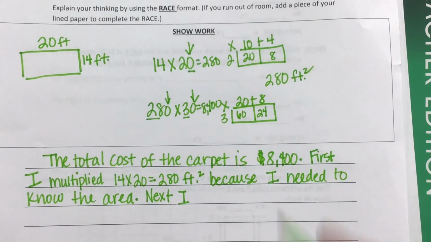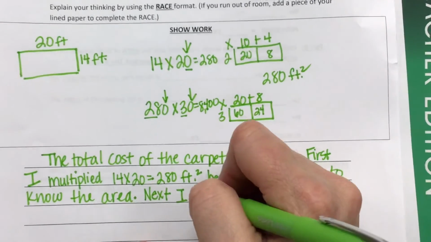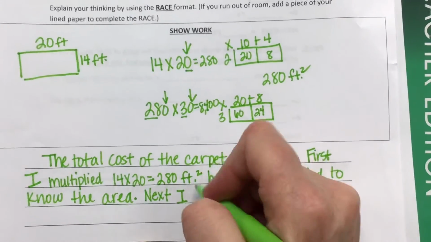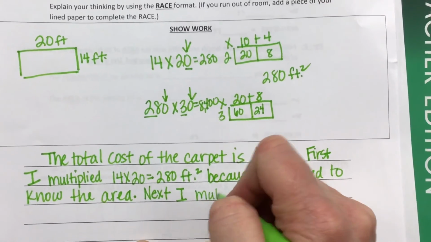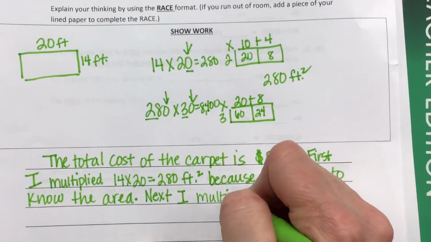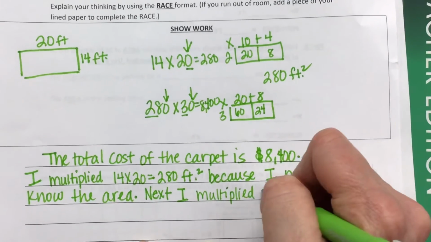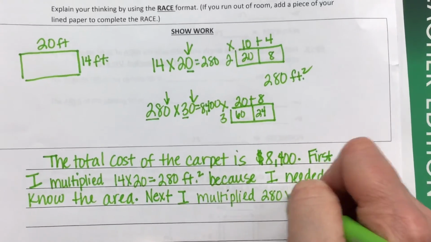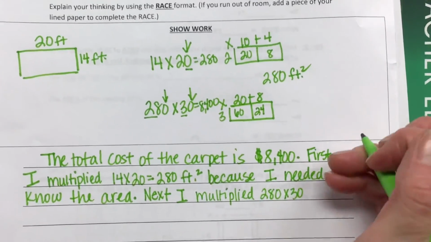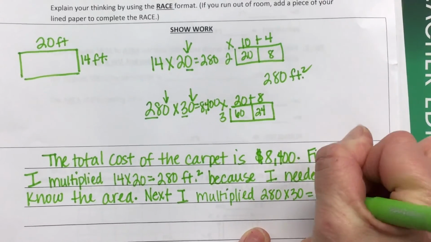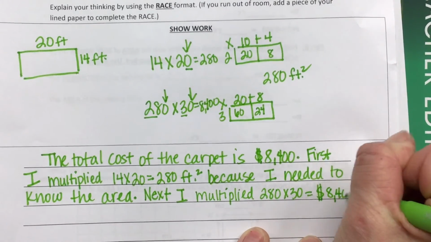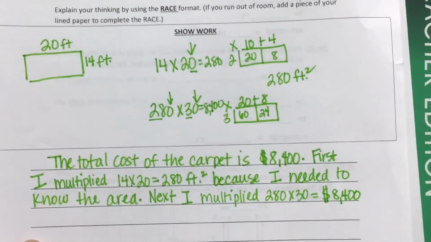Lily? Then I did 280. Don't say then I did. Then I multiplied. Okay, go ahead and finish. Then I multiplied 280 times 30 equals $8,400. Go ahead and put that dollar sign.